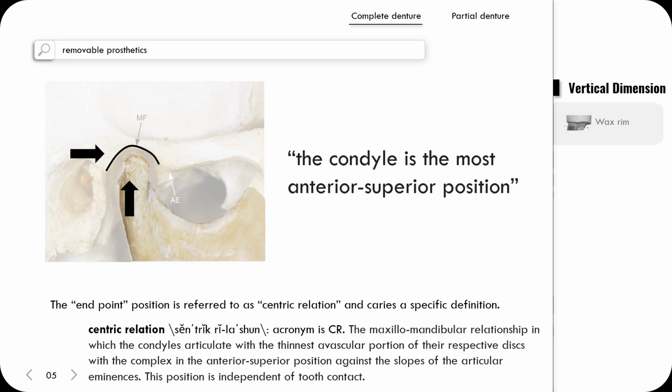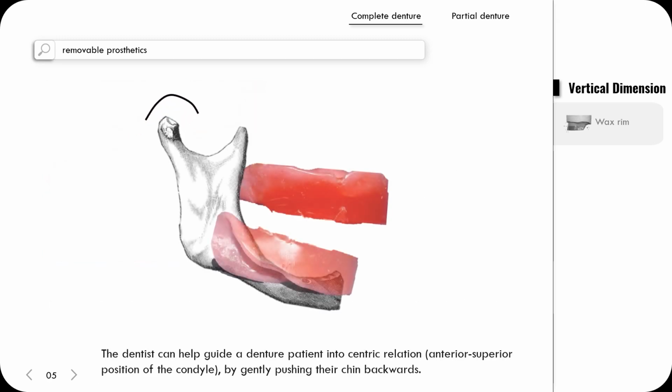So when we look at the bite and obtaining the bite record, how the upper and lower teeth come together, since the patient doesn't have any teeth to help guide the closure, what we can do is put a little gentle pressure on the chin here, and that helps guide the patient's mandible and the condyle into that centric relation position, which is the most anterior superior position of that mandibular fossa.